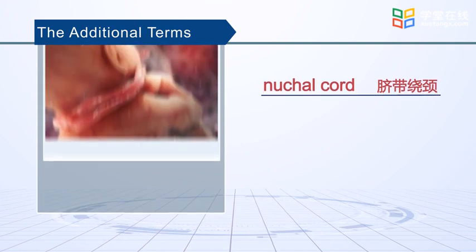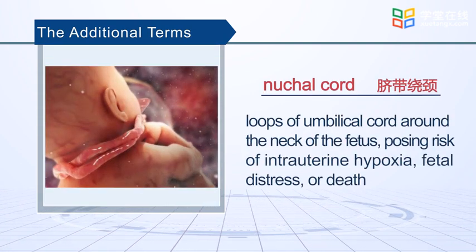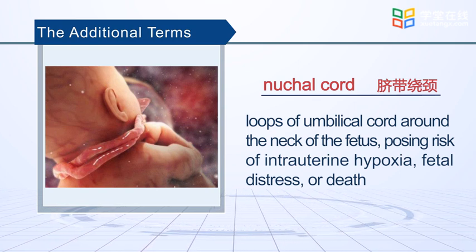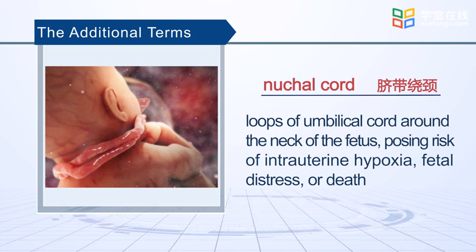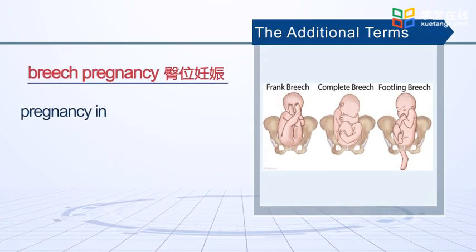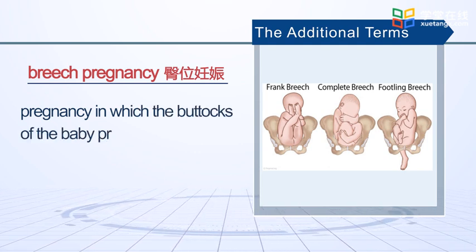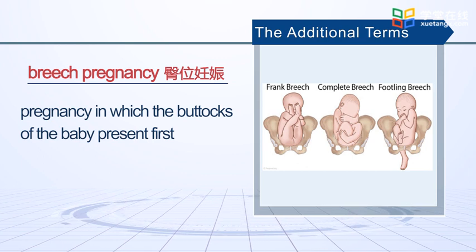Nuchal cord. Loops of umbilical cord around the neck of the fetus, posing risk of intrauterine hypoxia, fetal distress, or death. Breech pregnancy. It is a pregnancy in which the buttocks of the baby present first.